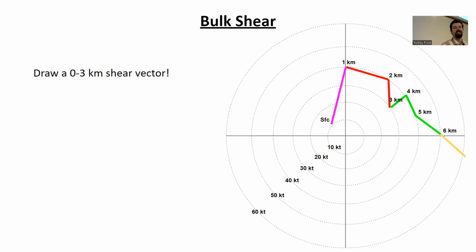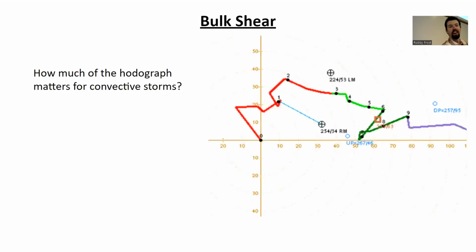Now you can envision where a 0 to 3 kilometer bulk shear vector might be. And then we can draw that like so. What gets lost in translation is how much of the hodograph actually matters for convective storms.